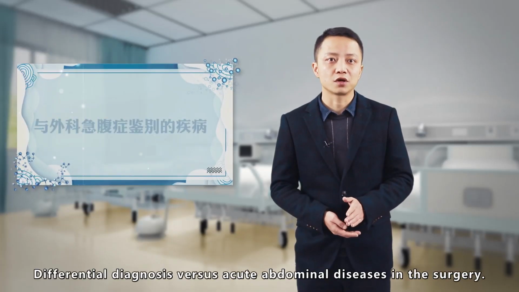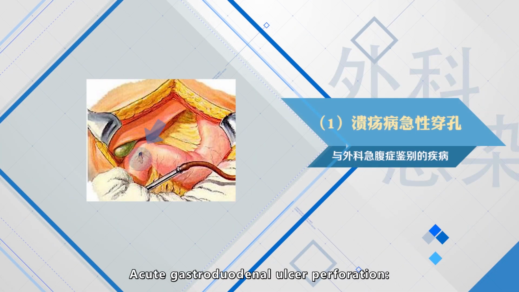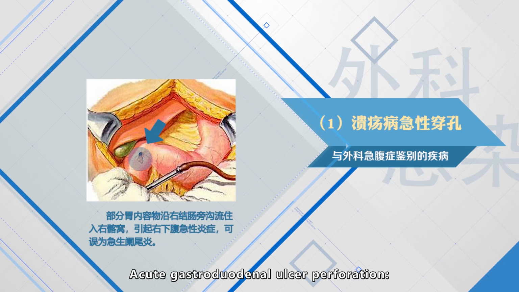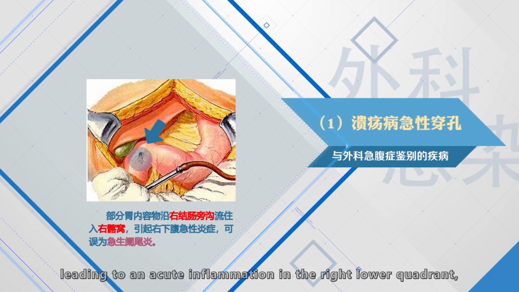Differential diagnosis versus acute abdominal diseases in surgery. Acute gastroduodenal ulcer perforation. After perforation due to the ulcer, some gastric contents get into the right iliac fossa through the right paracolic sulcus, leading to an acute inflammation in the right lower quadrant.